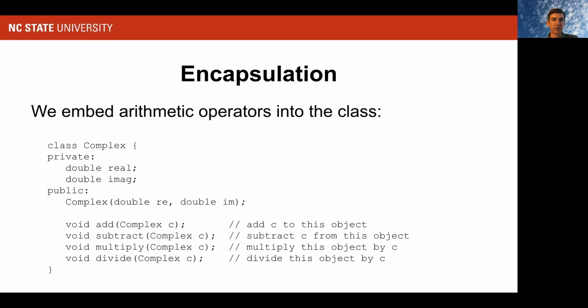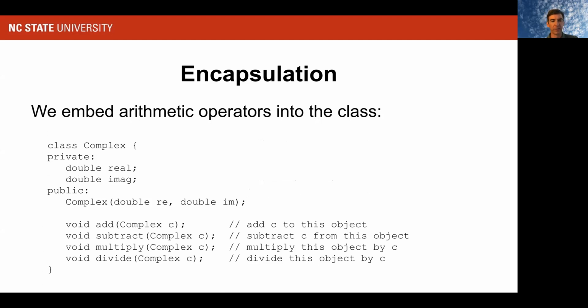Okay, then encapsulation means that we're going to embed all the extra arithmetic operators into the class so that somebody who has a complex number knows the operations they can perform on it. Like, for example, we know you should be able to add, subtract, multiply, and divide complex numbers. And so maybe what this add function means is that we're going to add the complex number we pass as an argument into this object that we're applying it to.